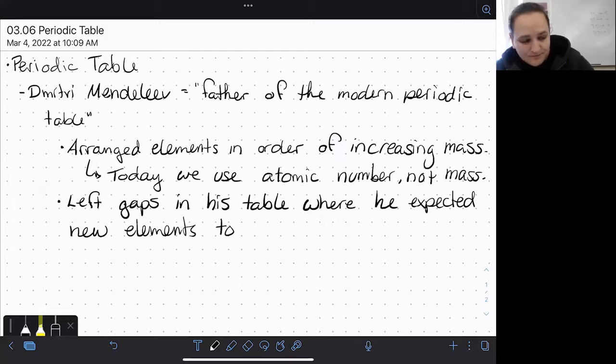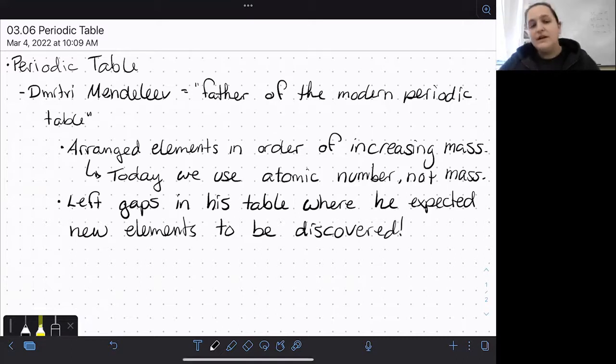And he was right about quite a few things, even going so far as to predict properties of elements that we had not yet discovered based on trends in his periodic table, and a lot of it matched up pretty well. So this was what set him apart from his peers, that other people were trying to make periodic tables based on the assumption that we had discovered all of the elements that there were to discover on Earth.